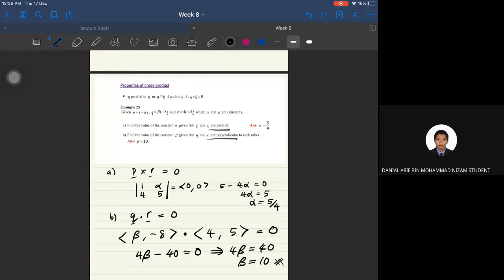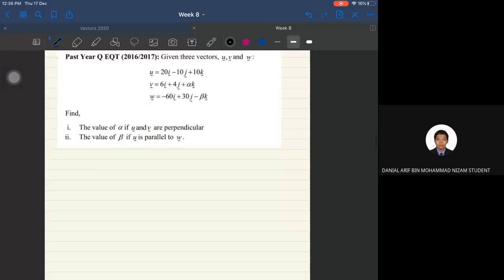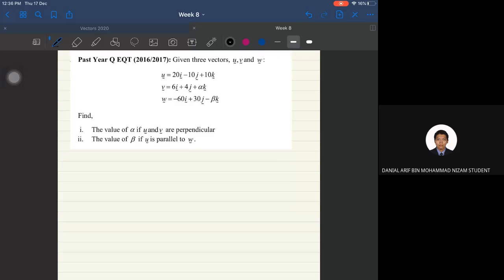So, cuba you tengok yang, cuba you try buat yang ni. Given 3 vector u, v, w, find the value of alpha if u and v are perpendicular. Saya tak nak yang ni, saya nak yang nombor 2 ni. Yang nombor 1 ni buat sendiri dah. U parallel to w. So, kita tahu u cross w must be equals to 0.